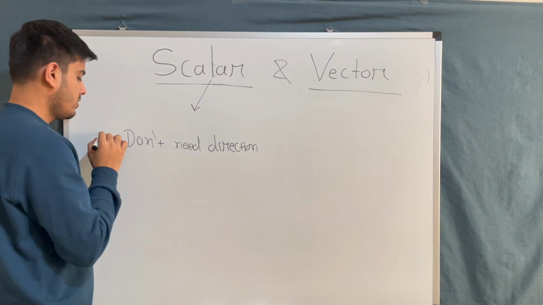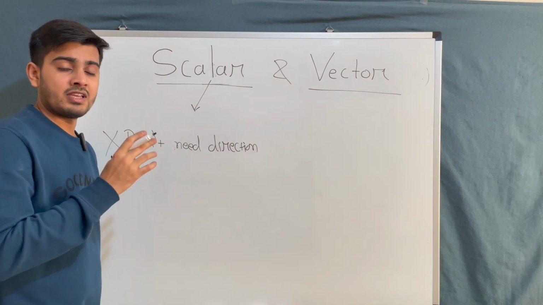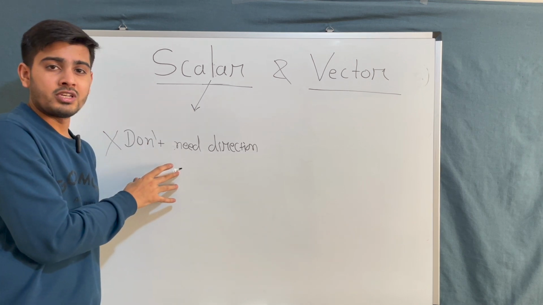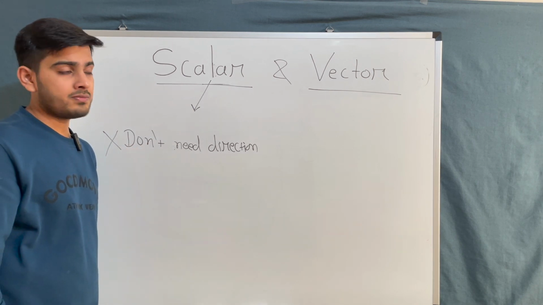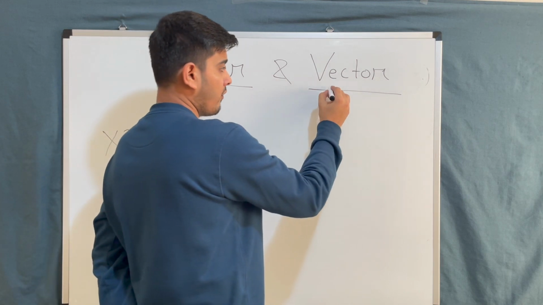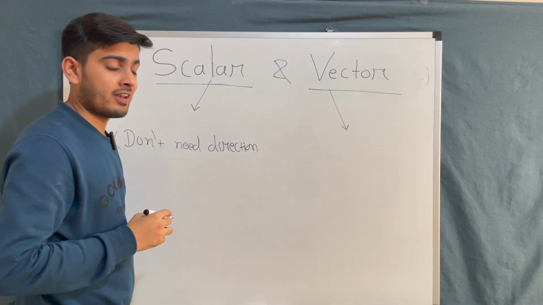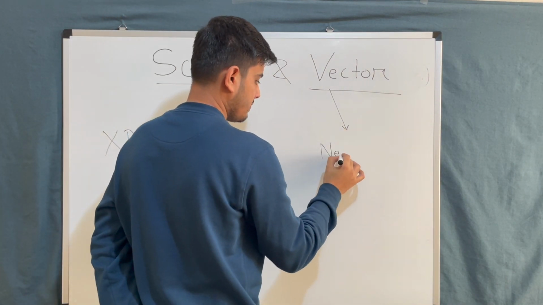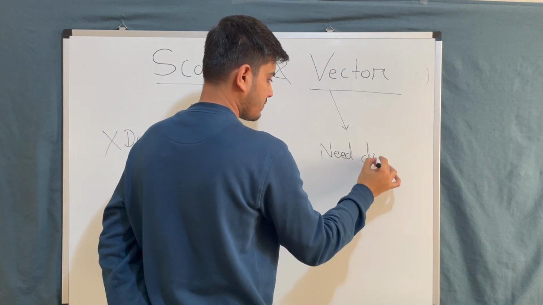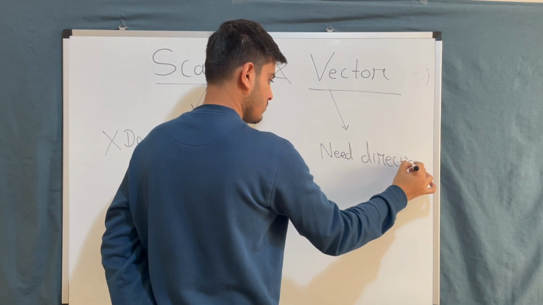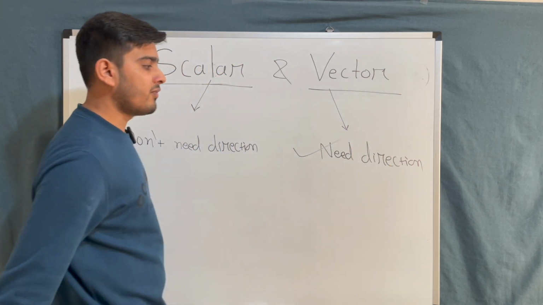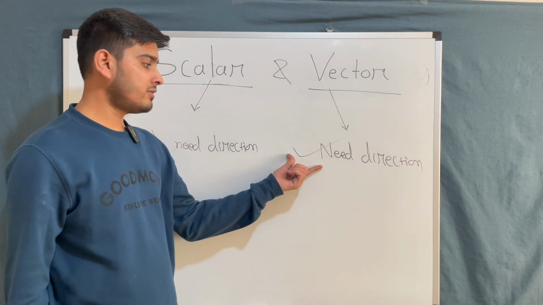They do not depend on direction. When we talk about any scalar quantity, there is no need to represent direction. But when we talk about a vector quantity, we need direction. To represent any vector quantity, we need direction.